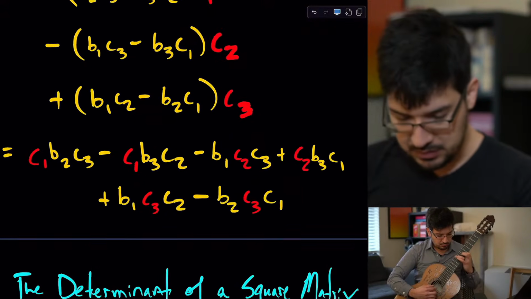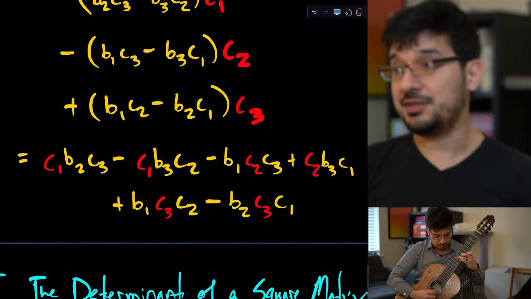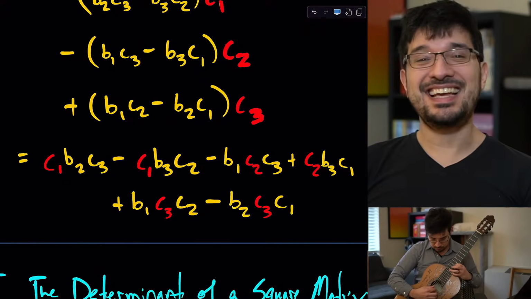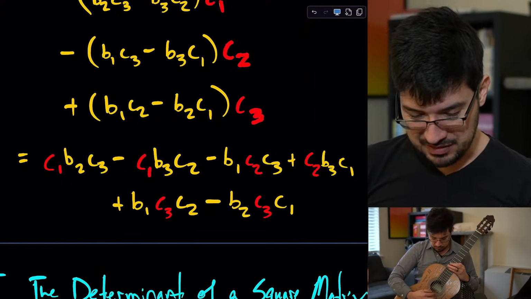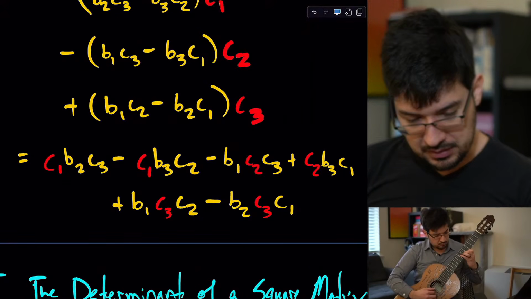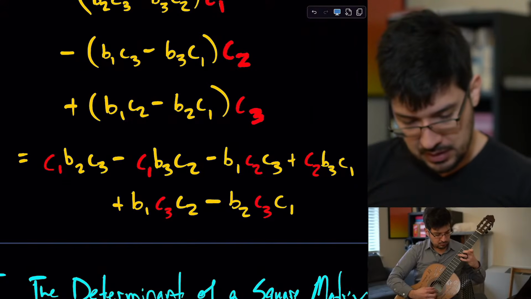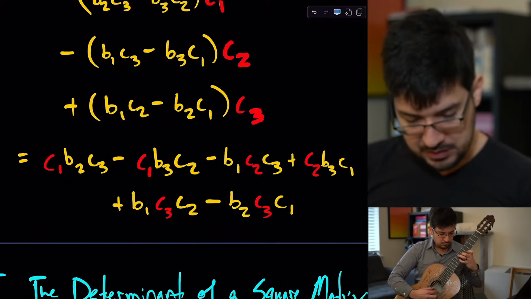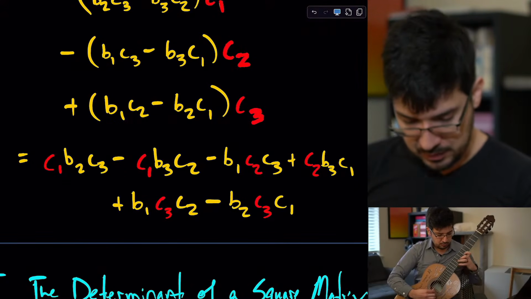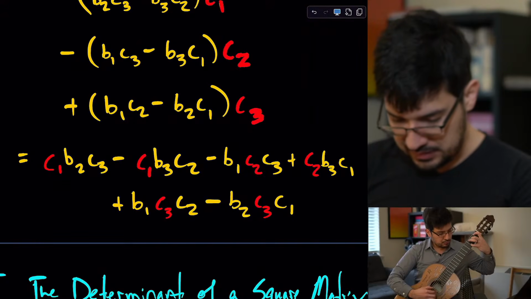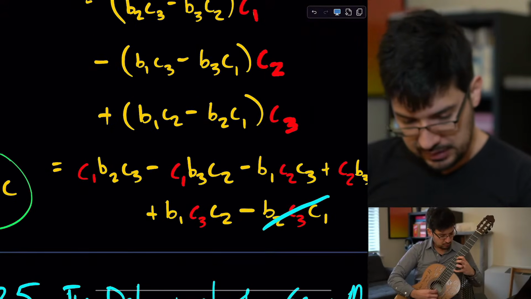If I were typing this up in LaTeX or something, then it would be a little bit nicer. But if you squint, B2, C1, C3 is here and here.